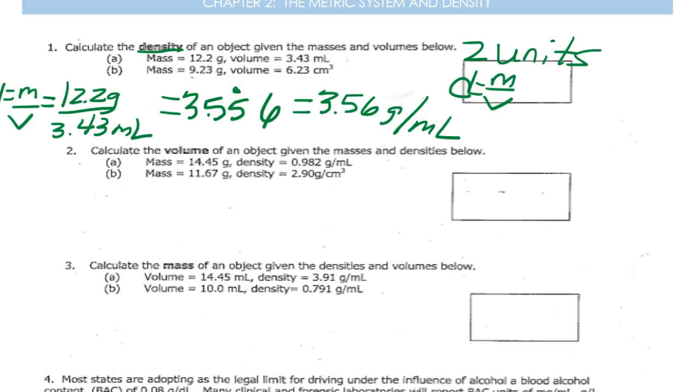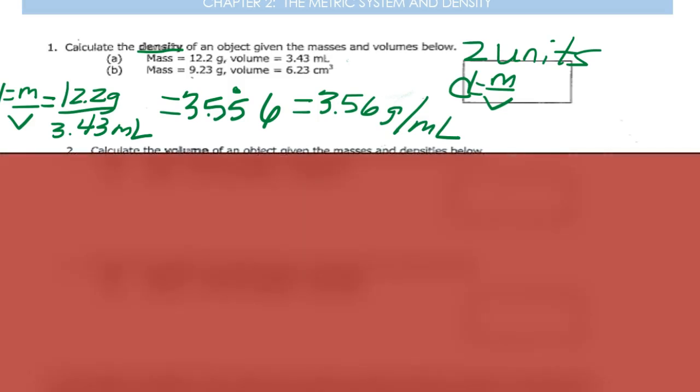Now, let's move on to the next one, letter B. Here you're given the mass of 9.23 grams and the volume of 6.23 centimeters cubed. How will we calculate this problem? Let's try it out now.